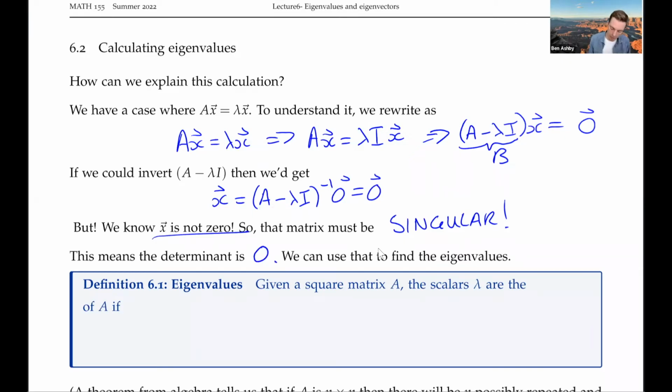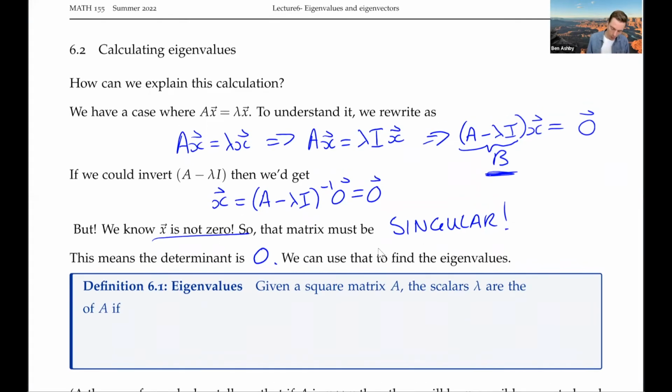This matrix is not invertible, and it is the same as this one up here, this B. This matrix, A minus lambda I, must have determinant 0, and we can use that fact to find the eigenvalues.